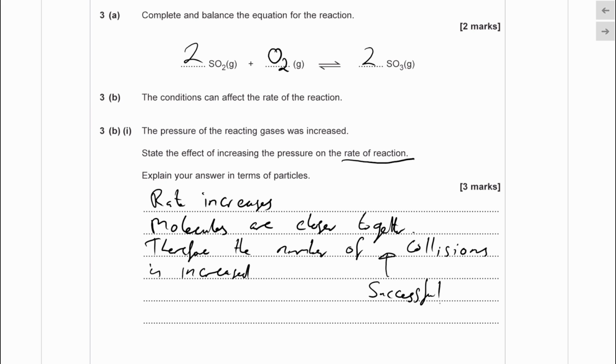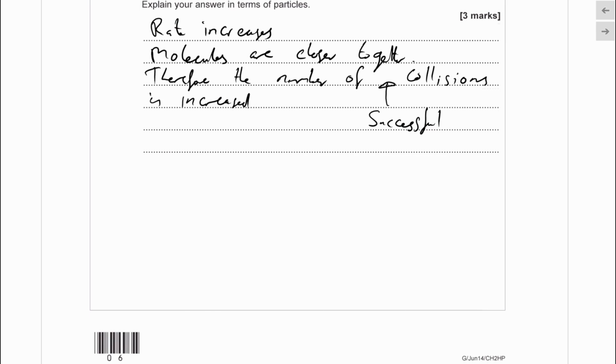It's true the number of collisions is increased, but that doesn't tell us that definitely they're all successful. A successful collision means a reaction has happened. So because they're hitting each other more often, the chances of successful collisions happening is increased, and so the number of successful collisions is also increased. Now that doesn't seem like a lot of work, but that is 100% 3 marks.